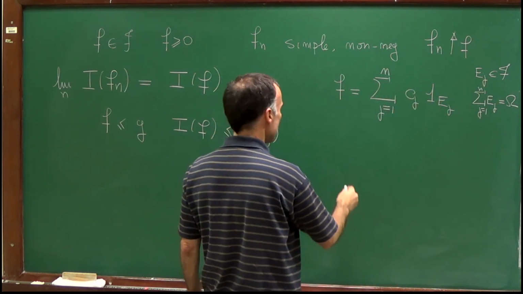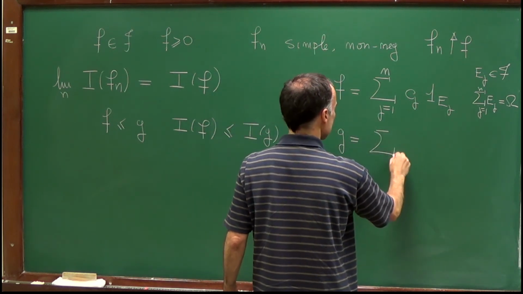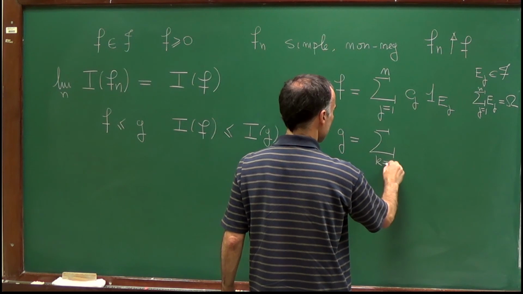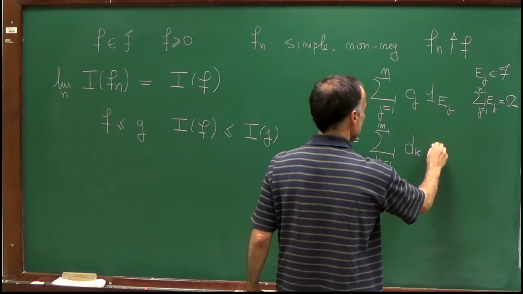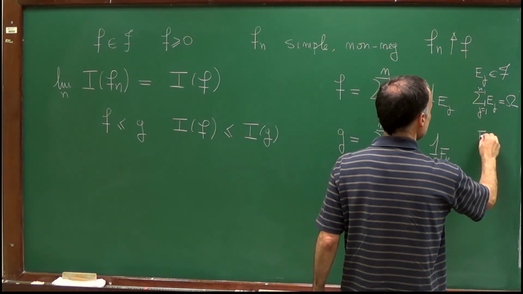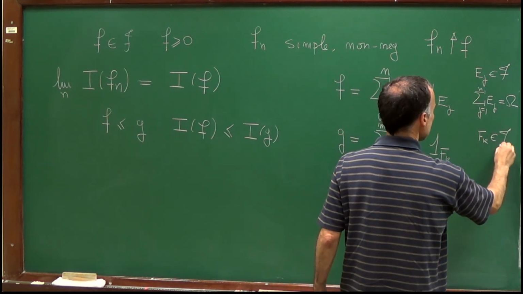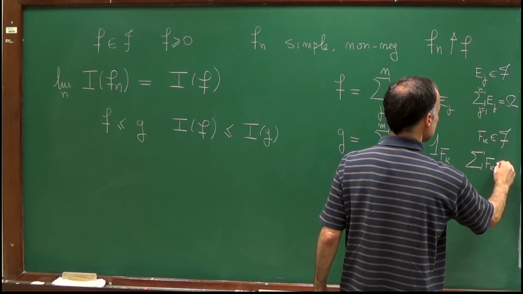In the same way, let's consider another simple function g, the sum of d_k times the indicator of F_k, where again F_k belongs to the sigma algebra F, and the partition F_k is equal to omega.